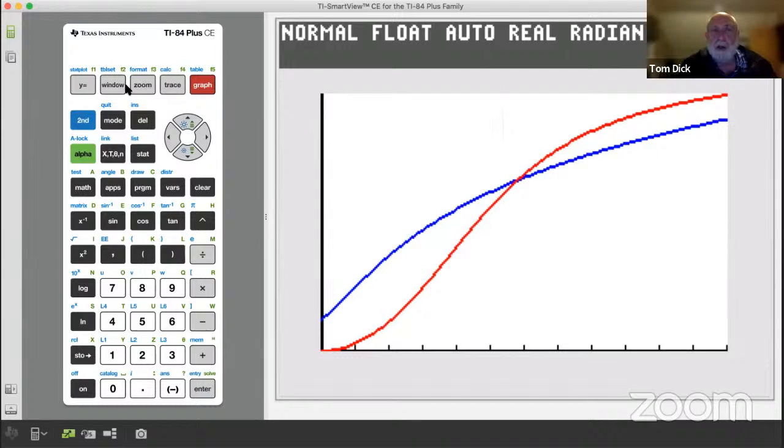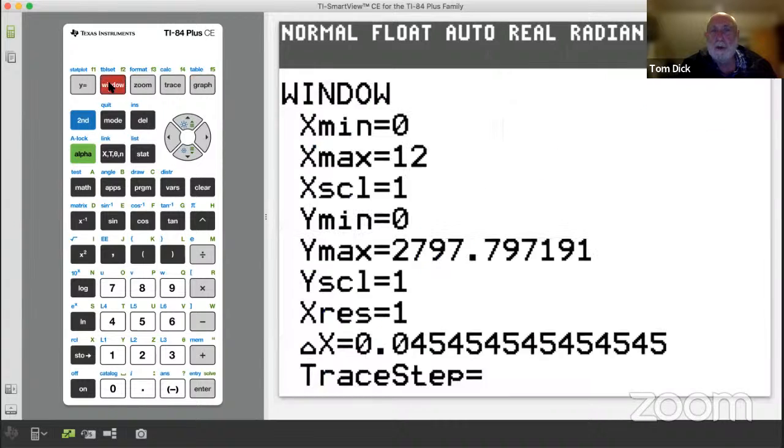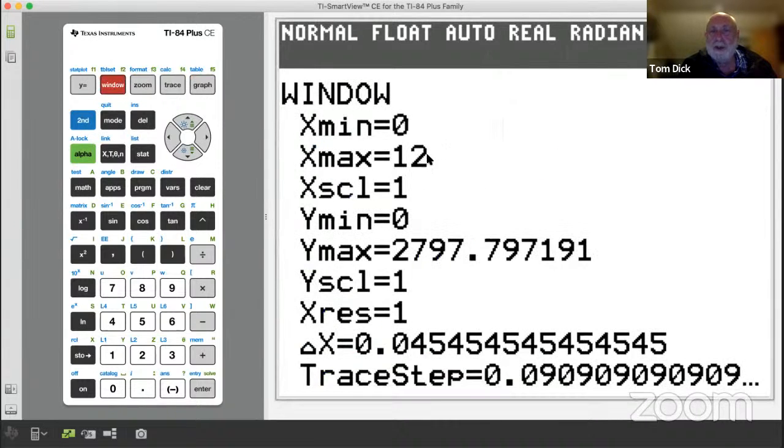Well, let's take a look at the window. And with this, it's down on Y. Yeah, Y scale. This is where it's putting the tick marks on the Y axis. Notice here we can actually see what the Y scale is, we didn't figure this out. It figured it out for us. It said, okay, this would be a good Y scale to get both of these graphs nicely on the screen.